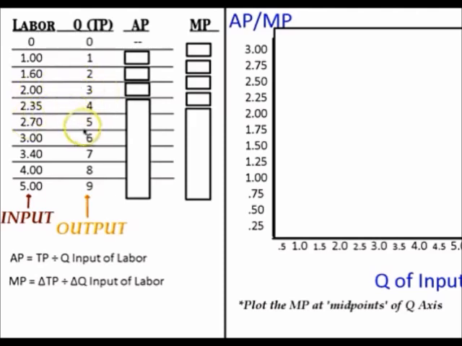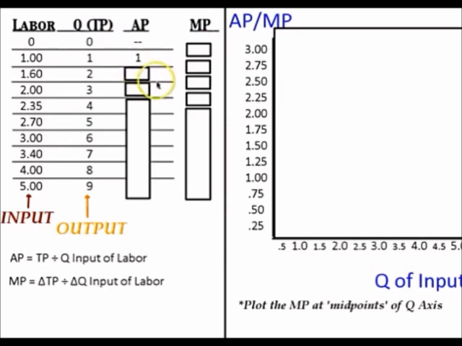All right, down here are your equations. So average product, the equation is total product divided by the quantity of input. Marginal product is a change in total product divided by a change in quantity of input. So if we do the math properly, when we calculate average product, it is total product divided by quantity of input. Quantity of input is 1, output or total product is 1. 1 divided by 1 is, hey, look at that, 1.